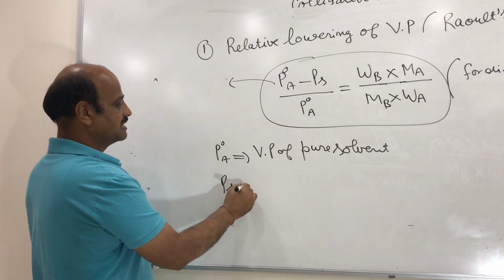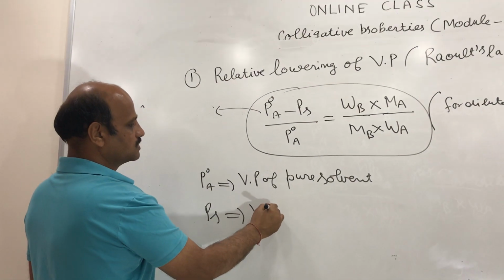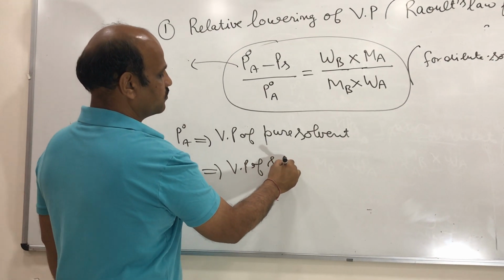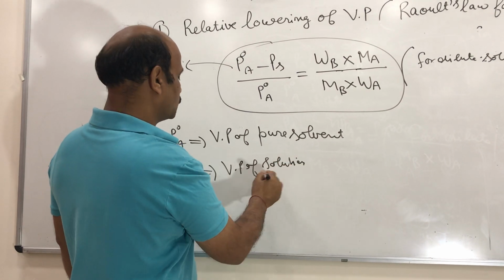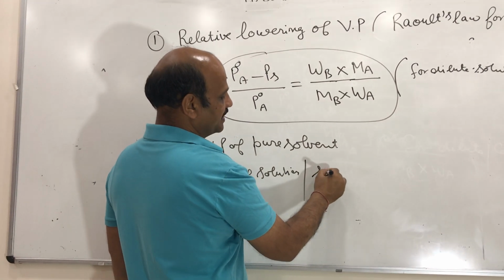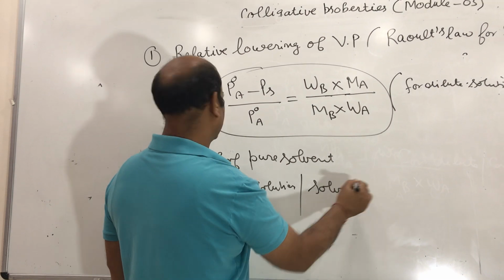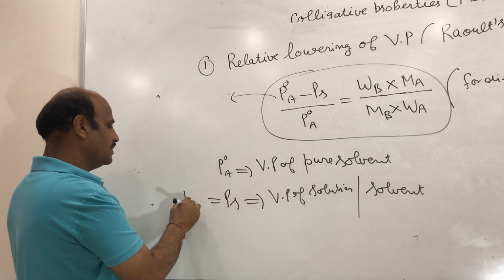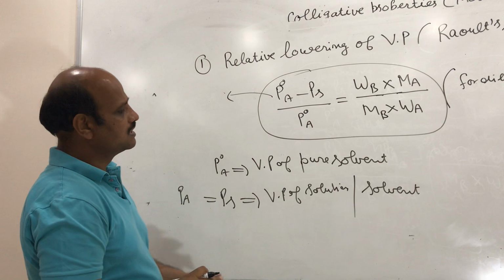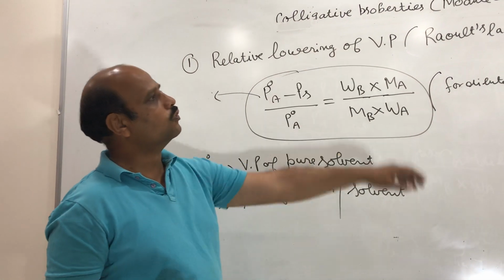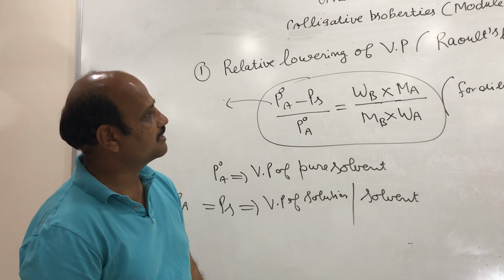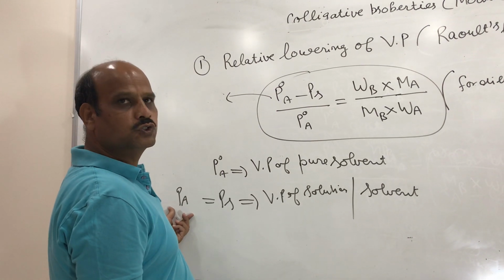PS is the vapor pressure of solution. Students, one thing you have to keep in mind: solution vapor pressure can also be written as PA, because in a non-volatile solute solution, only the solvent contributes vapor pressure.